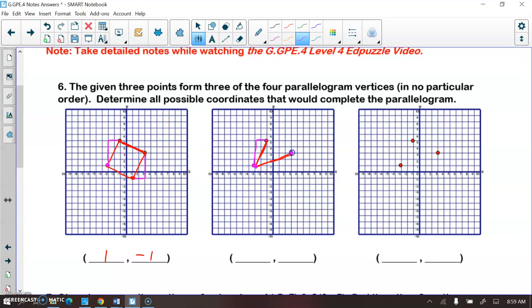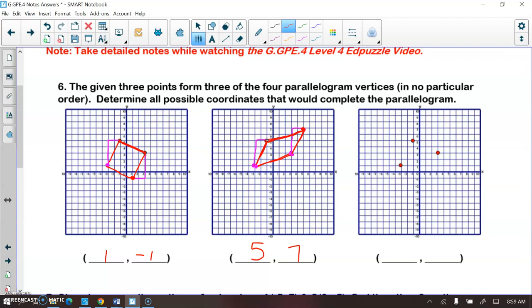So I can do the same slope using this point going up 1, 2, 3, 4 and over 2 this way, because then that would give me 2 parallel sides like this. So that puts me at the point 5, 7, and it makes the opposite sides parallel. So finishing off that parallelogram, it looks like this.